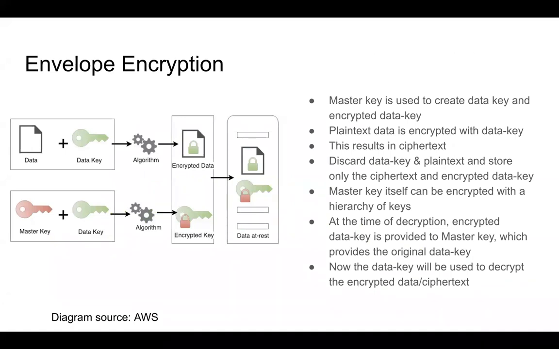This slide just shows one level of encryption, whereby the data key itself is encrypted using the master key, but the master key is kept safely by AWS in their HSM fleet, hardware security module fleets. What you can do is add more layers of security. You can encrypt this master key with another key, and that key with another key, and that way you build layers of protection.